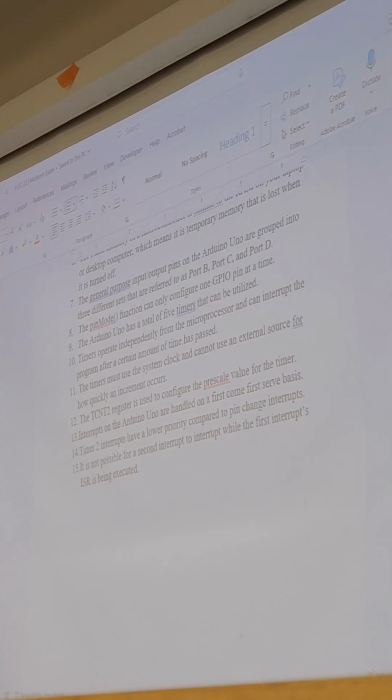So timer 2 is going to happen after pin change, so 14 was true. And for question 15, asking about the second interrupt not occurring while the first one is being handled, that one is true as well. So that was everything for your true-false questions.